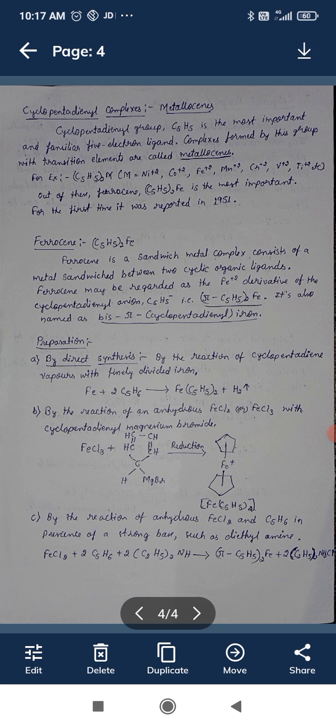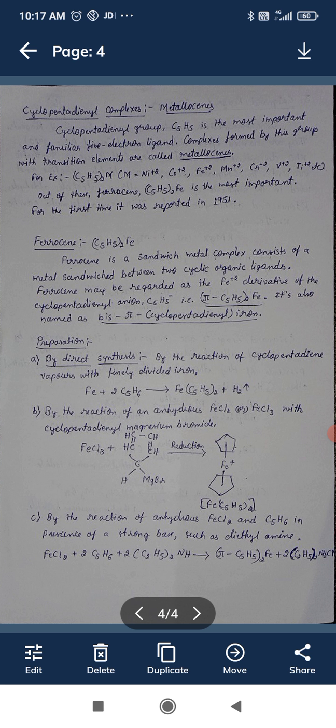We have some methods of preparation of ferrocene. By direct synthesis, the reaction of cyclopentadiene vapors with finely divided iron gives ferrocene. Another method is the reaction of anhydrous ferrous chloride or ferric chloride with cyclopentadienyl magnesium bromide, that is by reduction of ferric chloride, and you get ferrocene.